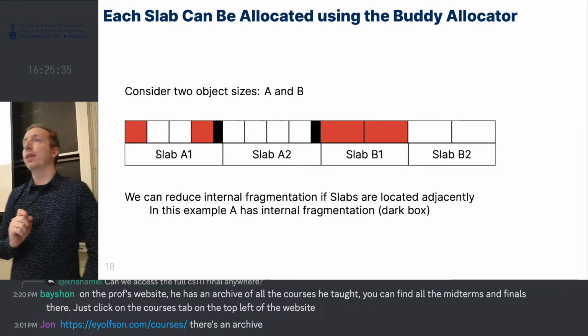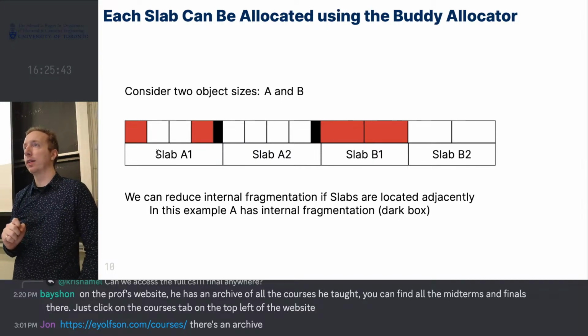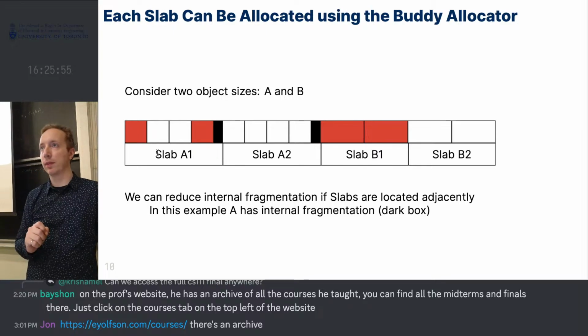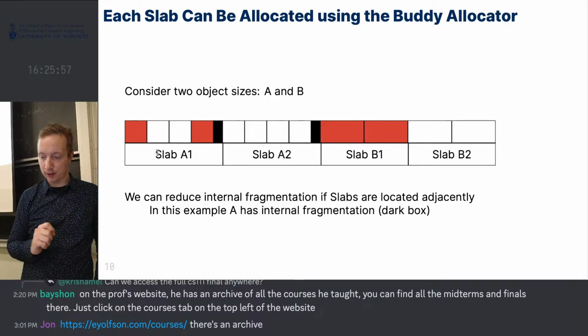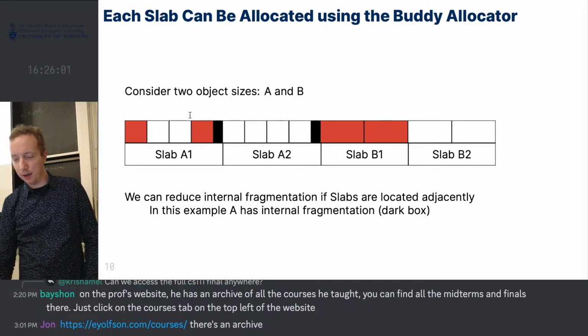Yep. So in this case, Slab A1, A2, they have internal fragmentation. Yep. And could you also say the blocks within A1 and A2 are kind of externally fragmented? Like there's smaller blocks there, I guess, like the red blocks in A1.